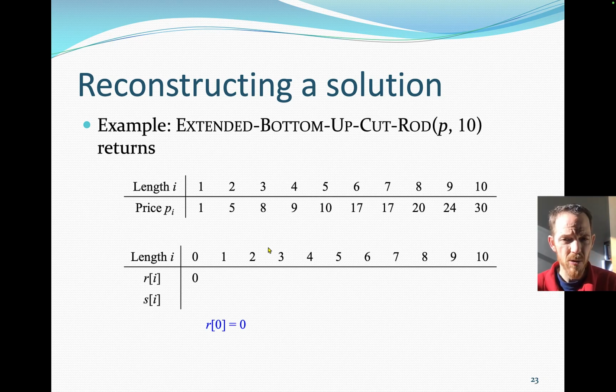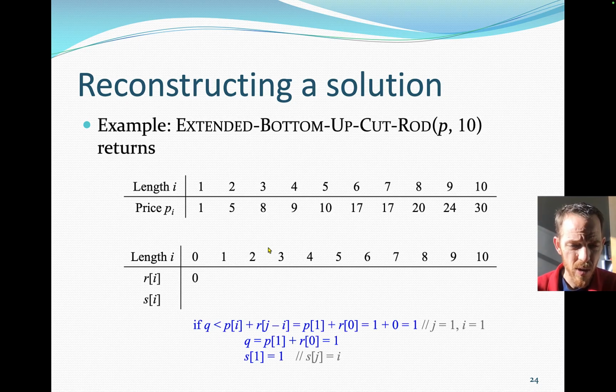Let's see this played out. Here we have these lengths again, and we have these prices. And so let's go through. When length is 0, we get revenue 0. When length is 1, and at the bottom of the slide here I have the code that's going through the calculations, here j is 1 and i is 1, and so then we see that the maximum revenue is 1 and we're going to make 1 cut.